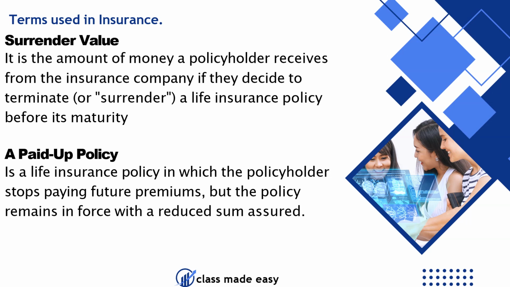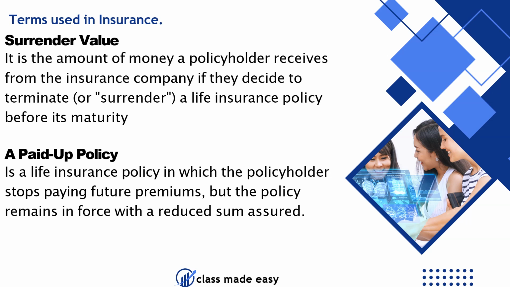Other terms also very key in this discussion is what we call surrender value. And we note that it is the amount of money a policyholder receives from the insurance company if they decide to terminate. That is where we are borrowing the word surrender. So if along the way you are paying premiums, for example, for 1 year, and then something happens, maybe you lose your job and you are unable to continue paying your premium, then it means that contractual relationship cannot continue to exist.